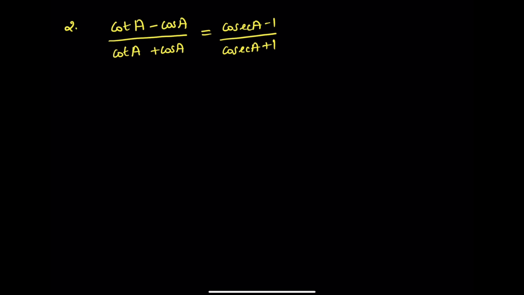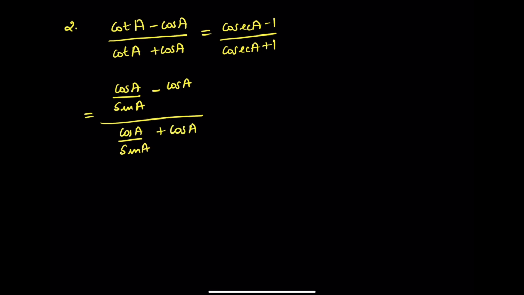Basically we see that we have two trigonometric functions, cot and cos, and it further changes to cosecant A. Cosecant A is nothing but 1 by sin A. So if we have to derive sin from this value, we have to go to the original definition of cot, which is cos A by sin A minus cos A divided by again cos A by sin A plus cos A.